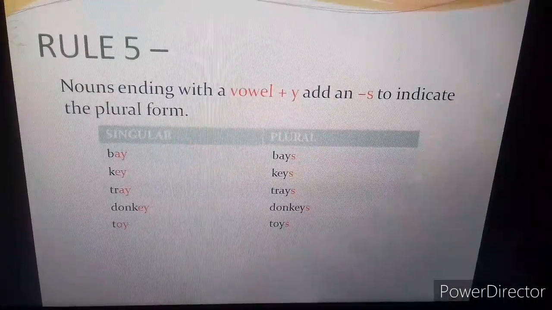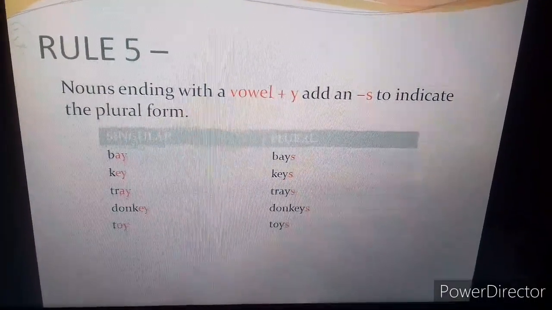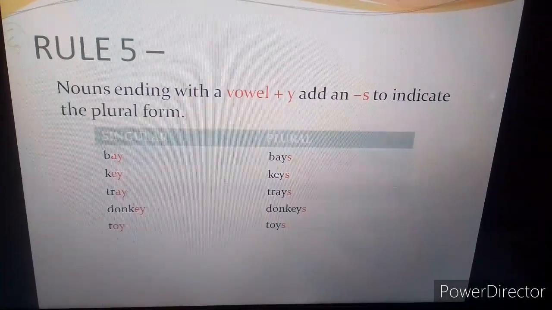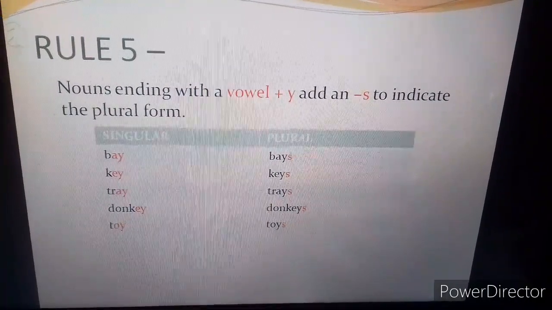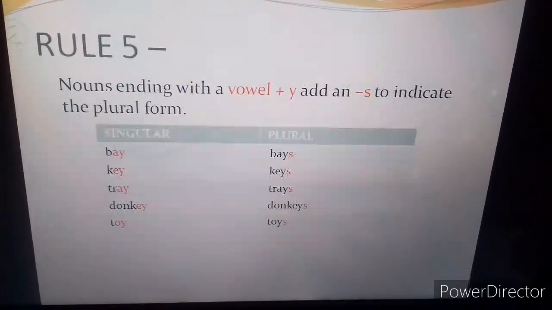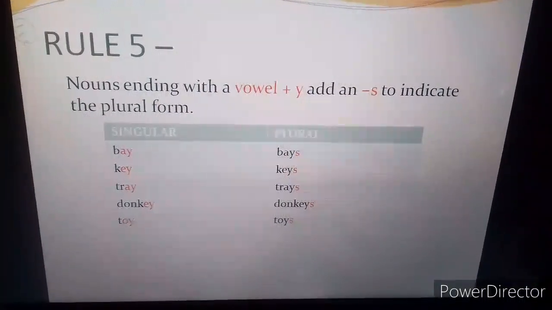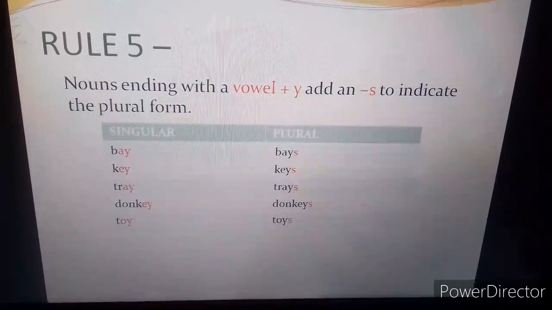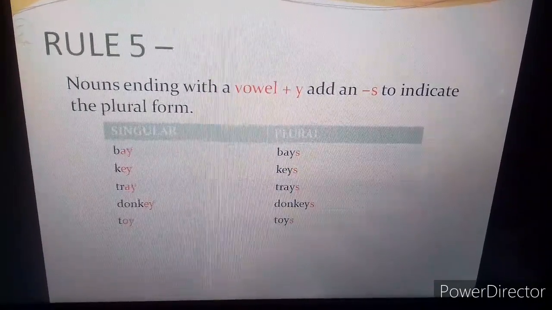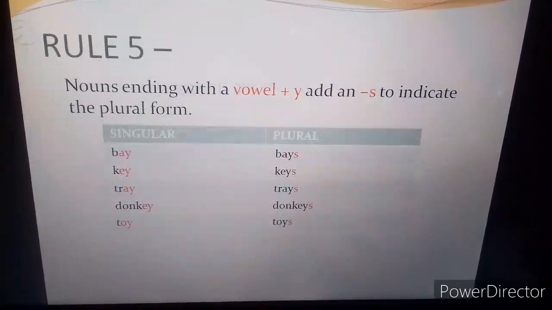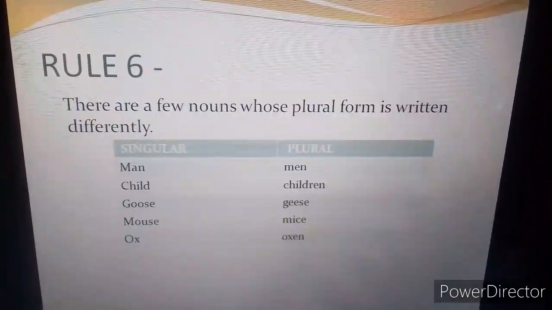Now bay has a vowel and a y in the end, so it will be made into its plural form by adding s. So the plural of bay will be bays, the plural of key will be keys, tray, trays, donkey, donkeys, toy, toys.